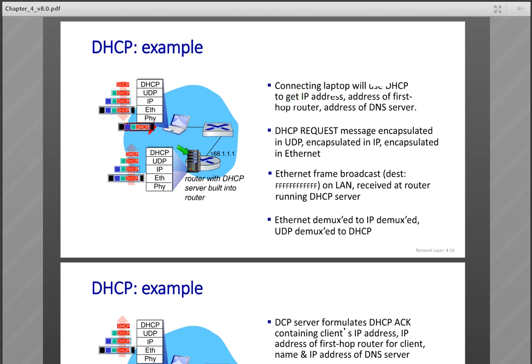On this router, the first router in the network, there is a DHCP server. It records the information of this new arrived computer, and then it responds to this laptop and says, okay, your IP address is, for example, something like that.